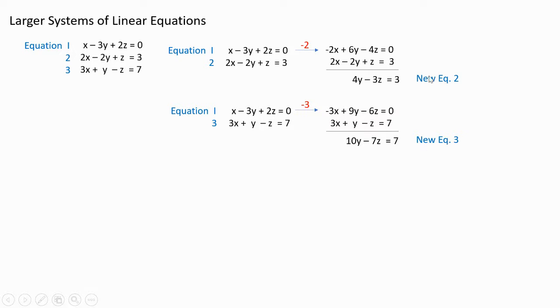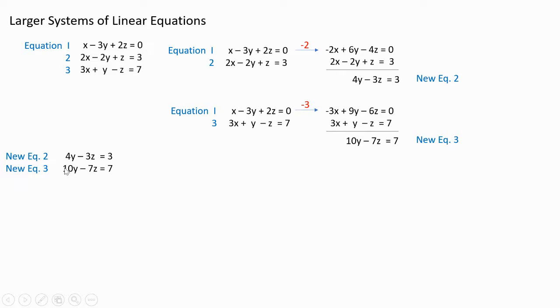Now I'm going to take the new equation 2 and the new equation 3 and get rid of the y's. Okay? So here, guys, the way the book might explain it is that you multiply by the least common multiple of 4 and 10. But like I tell my students, don't do that yet until you know exactly what you're doing.